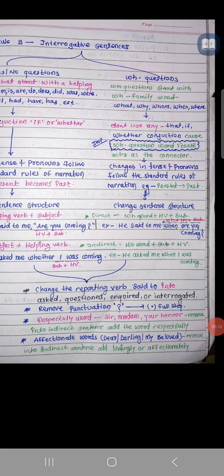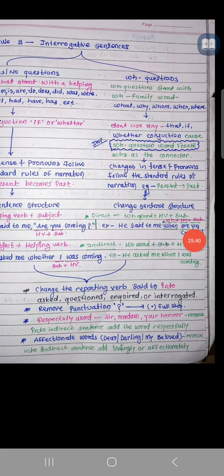Combine rules of WH questions and yes/no types of questions. Change the reporting verb said to into asked, questioned, inquired or interrogated. For example, asked. If said to is here, we change it into asked. If they are said to, then questioned.